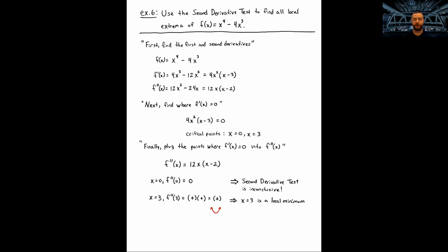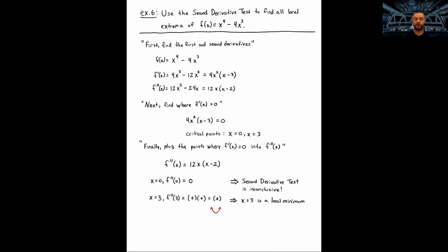Sometimes I have a hard time keeping track of what a positive or negative second derivative corresponds to. You can see that little red parabola there, that's our basic shape for a concave up graph or curve. And that looks like a valley, a local min, which is one of the possibilities from the second derivative test. So we get a conclusion here, x equals 3 is a local minimum.